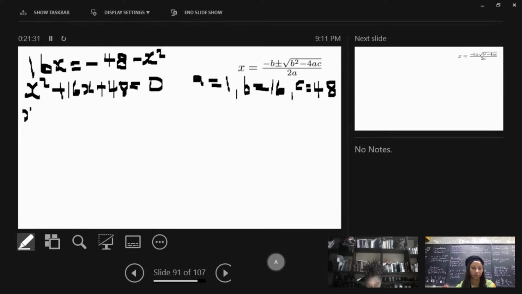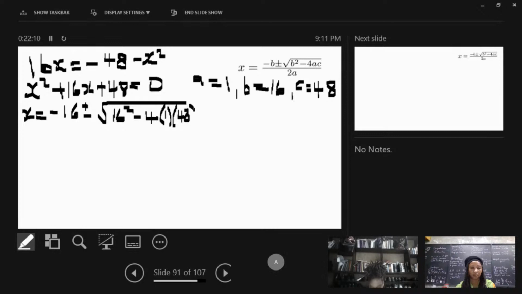X is equal to negative 16 plus or minus the square root of 16 squared minus 4 times 1 times 48, over 2 times 1.